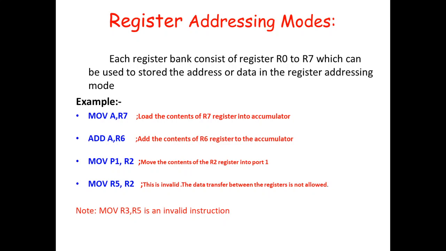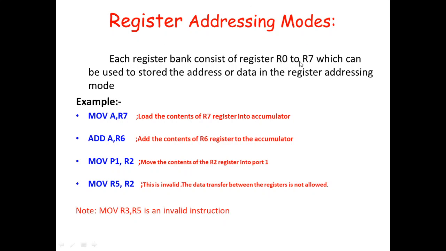Already we know that in the 8051 there are 4 register banks, that is bank number 0, bank number 1, bank number 2 and bank number 3. Each bank has 8 registers, and those registers are called R0 to R7.